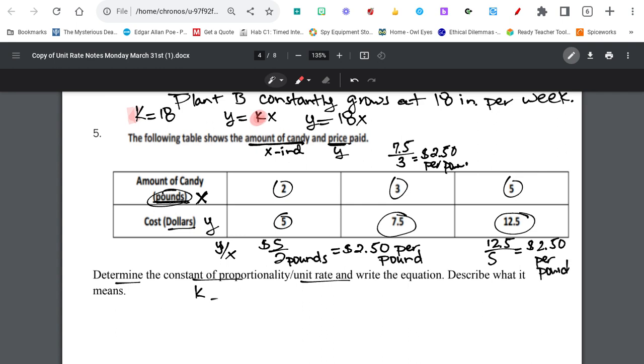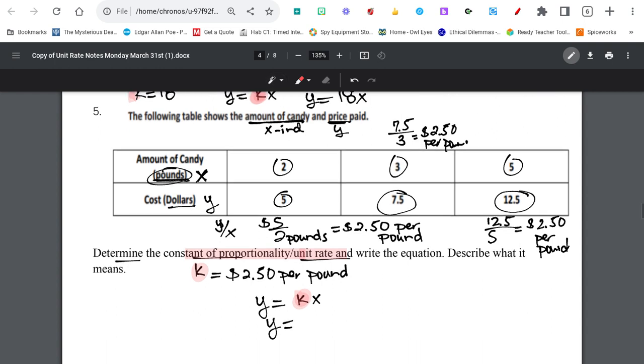And K is your constant of proportionality, or unit rate. It's $2.50 per pound. And the equation is just written in the form y equals kx, where K, your unit rate, or constant of proportionality, attaches itself to your independent variable. So K is going to attach itself to X. That's the equation. That's all you do.